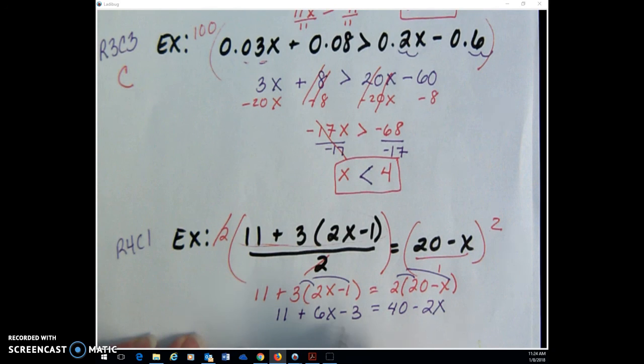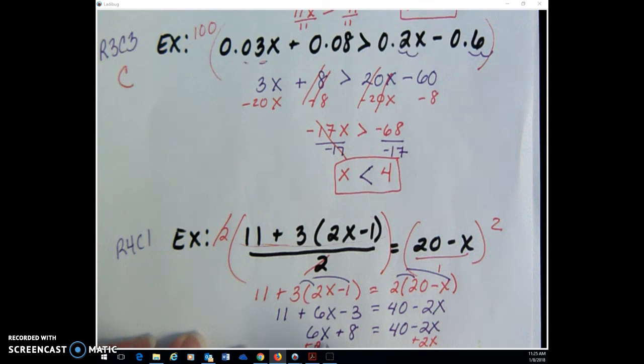And I would have 11 minus the 3 is going to give me a positive 8 equals 40 minus the 2x. And then now I'm going to get my variables to one side and my constants to the other side.